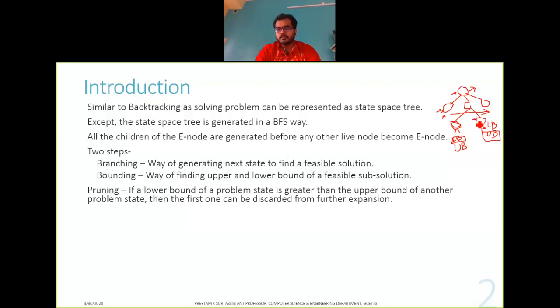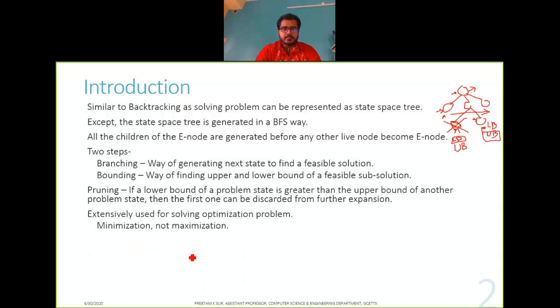So we'll discard this node from further expanding. This is what is called pruning. So if the lower bound of some state is greater than the upper bound of some other state, then we can stop expanding that first node. That is what is called pruning.